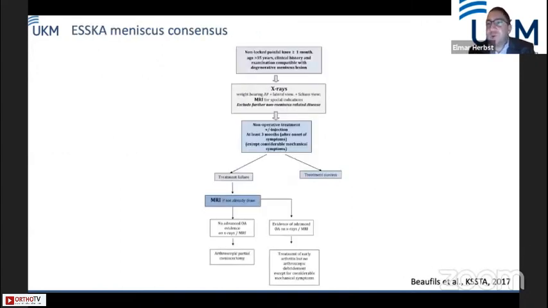However, we need to have kind of a guideline. And this is the ESSKA consensus meeting that we published a couple of years ago. Whenever you're facing patients with early and moderate osteoarthritis in their 40s and 50s, and they present with meniscus-related symptoms, just leave the meniscus alone.